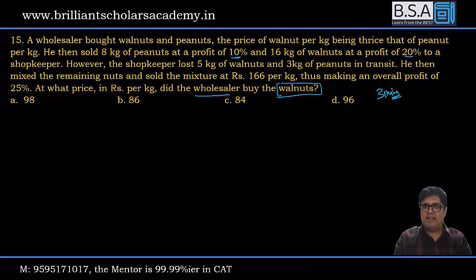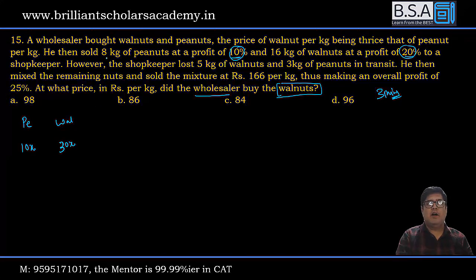While solving this, I am assuming the price of peanuts and walnuts. Don't assume them as x, 3x, don't do that. These are multiples of 10. So you assume 10x as the price and 30x, three times, as the price.